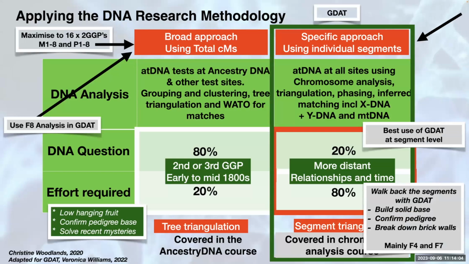So the important thing on the left-hand side is to make sure you've done all that analysis using your biggest matches, so that you've gathered all those matches, the easy matches to find.